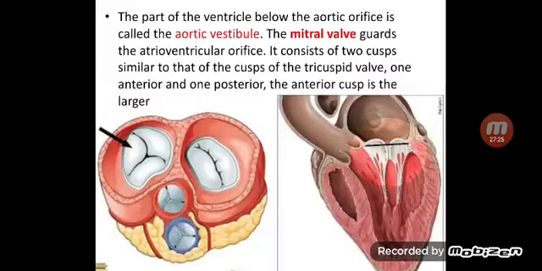Right? The part of the ventricle below the orifice is named the aortic vestibule. It is the region directly part of the ventricle, just below the aortic orifice.